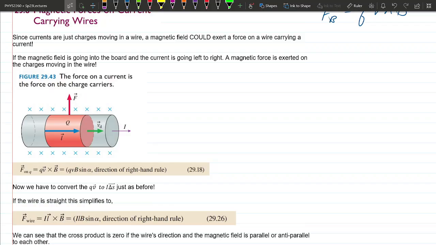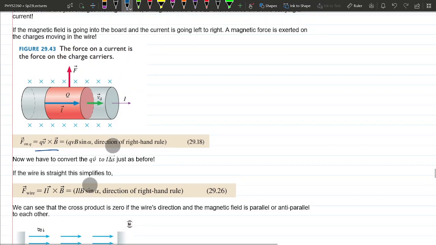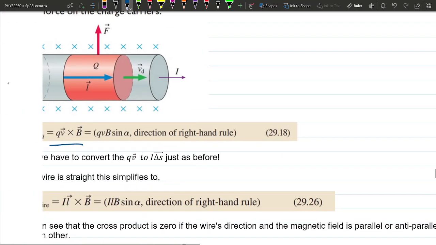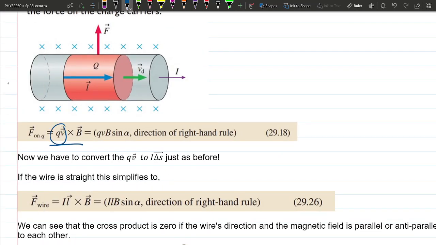So we're going to try to convert the magnetic force equation, which is the charge times the velocity cross producted with the magnetic field, by picturing this little cylinder where we're zooming into what a wire looks like and what the charges inside are doing.